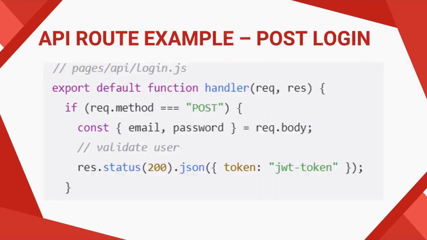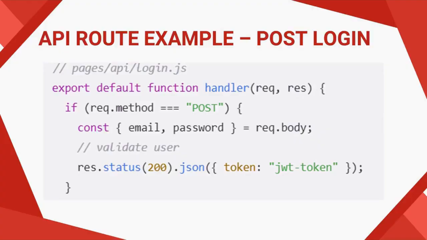Then an API route example: POST login. Here, in the pages folder, api/login.js is there. The login route accepts credentials. Export default function handler with request and response.